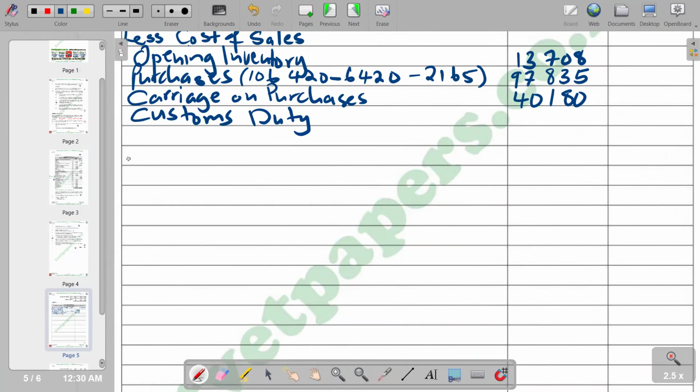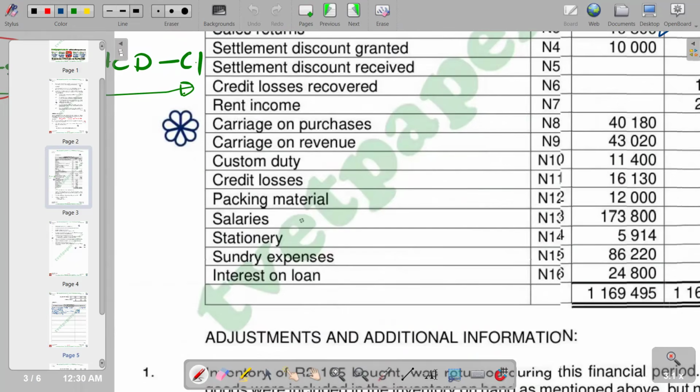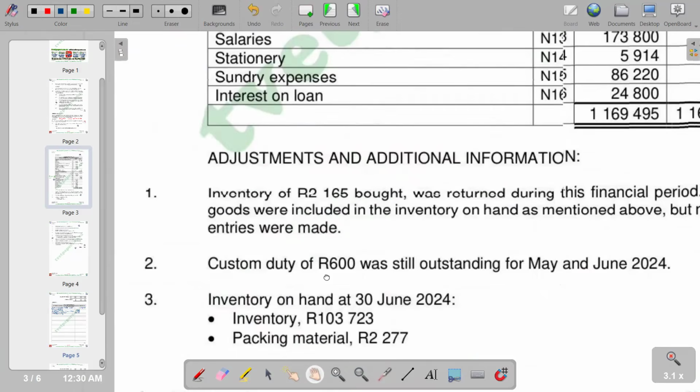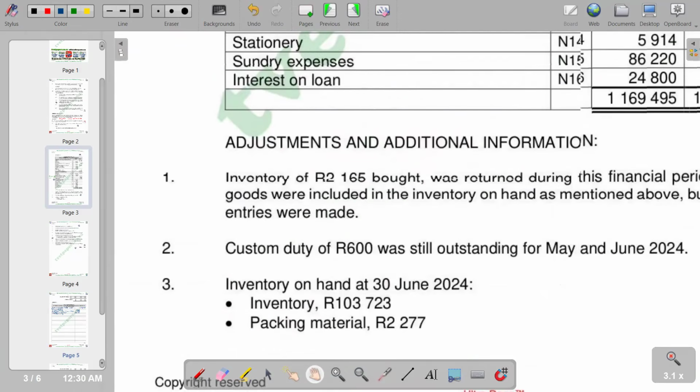So customs duty, we have a figure of 11,400. But of course, we need to check if you've got any additional information that is affecting our customs duties. We can clearly see that additional information number 2, raised customs duty of 600 rands, was still outstanding for May and June 2024.